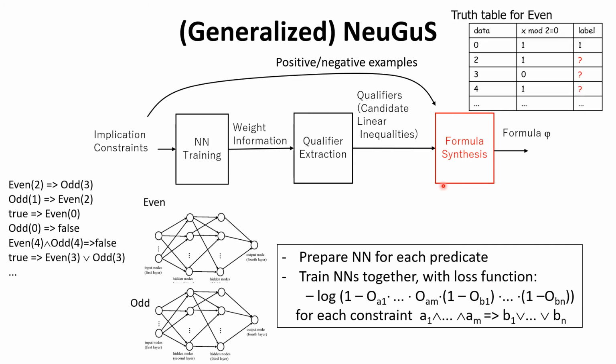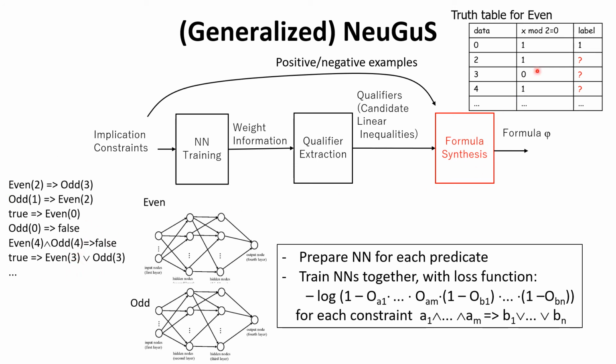Okay? And now a slight extension is necessary here as well. So we basically perform Boolean function synthesis in a classical manner. But the problem here is that target labels for some data cannot be decided from the input data. Okay?